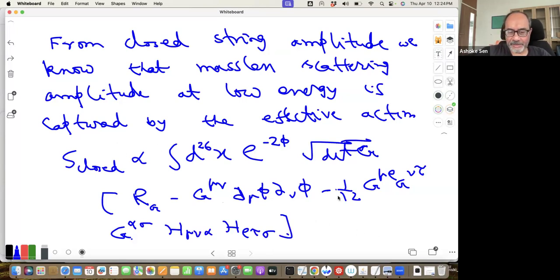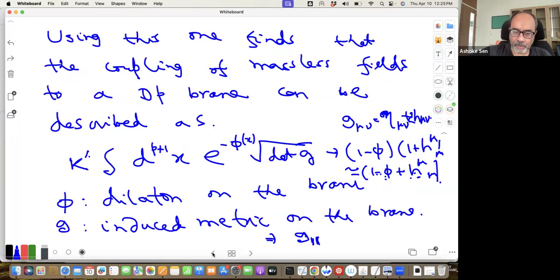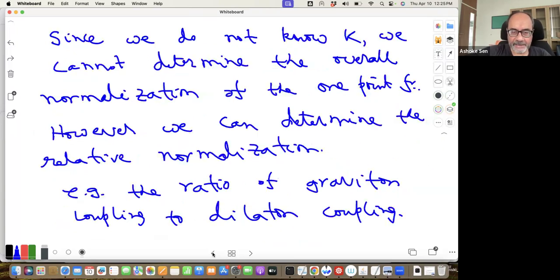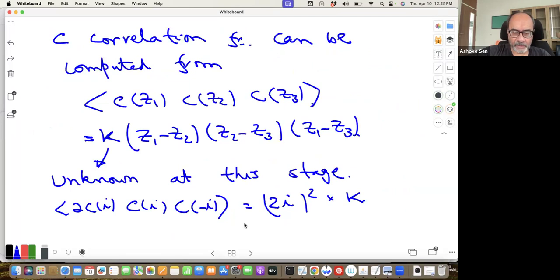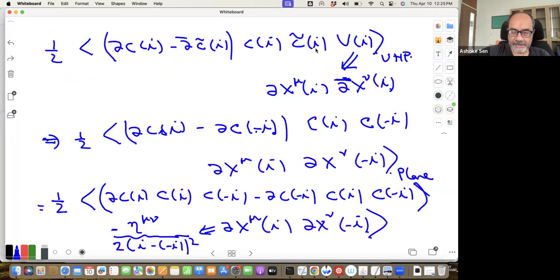Okay, so this you know from the analysis of the low energy scattering amplitude in the closed string theory. That fixes the normalization of the vertex operator, right? I mean, this of course is true, only I think there is a minus 4 here. This is true only if you have normalized phi in a certain way, and normalized the metric vertex operators in a certain way. So you fix the normalization of the vertex operators just by comparing with this effective action. And after that, there is no further ambiguity in calculating the ratio of the 1-point function on the D-branes, because the same vertex operator you will now use for this calculation over here, this V.